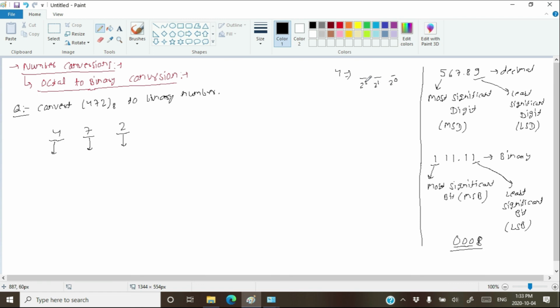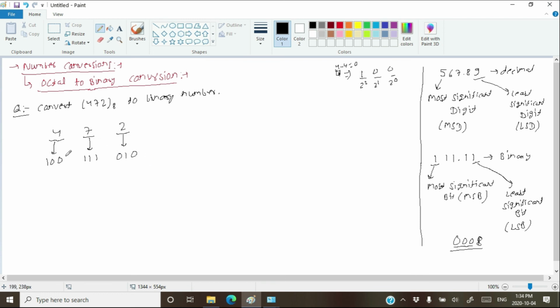Can you assign 1 to the 2 to the power 2 weight? Yes, you can, because 2 to the power 2 is equal to 4 and you have 4. Now 4 minus 4 is equal to 0. So assign 0 to the rest of the bits, and here you get the 3-bit representation of 4. Similarly, the 3-bit representation of 7 is 111 and the 3-bit representation of 2 is 010.